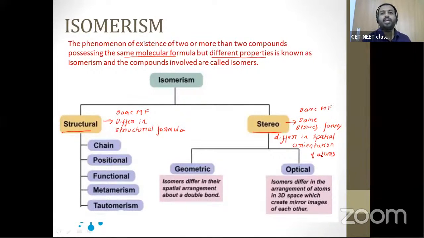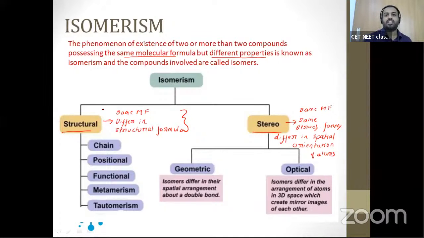You therefore call them stereoisomers. Stereo is a Greek term for space. But in this chapter we are going to only discuss structural isomers. Stereo will be taken up in one of the next chapters.